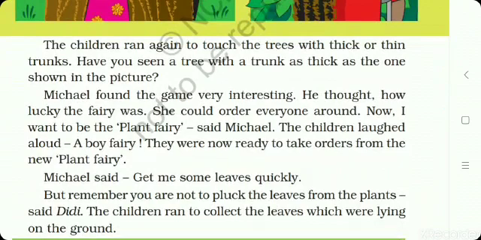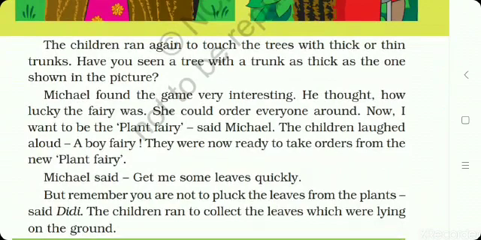Michael said, get me some leaves quickly. But remember, you are not to pluck the leaves from the plants, said Didi. The children ran to collect the leaves which were lying on the ground. So, now Michael says that the game was very interesting and that he wanted to become the plant fairy.